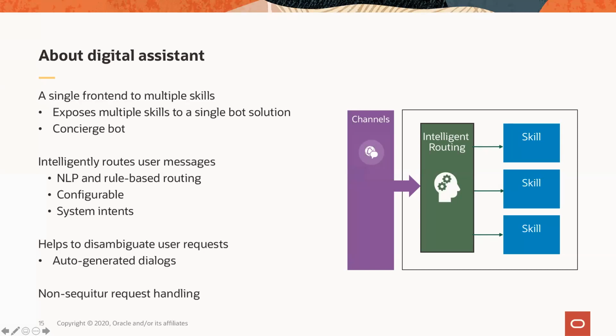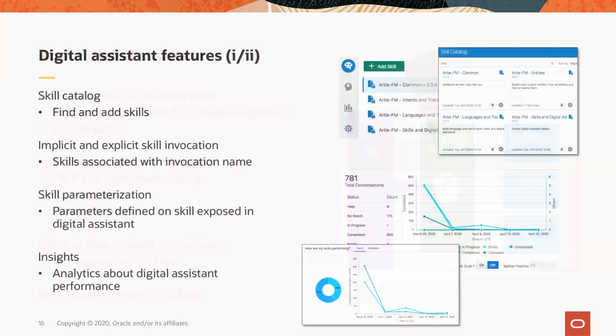It will ask, do you want to know the account balance of your digital bank account, or do you want to know the account balance on the voucher you have with the pet store? And then we have non-sequitur request handling. I mentioned that, which is where we can interrupt the conversation, and it's all handled for you.